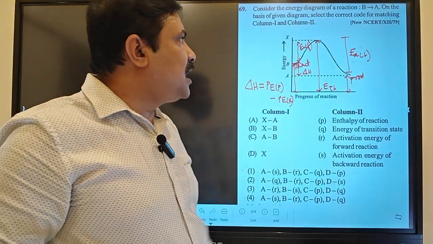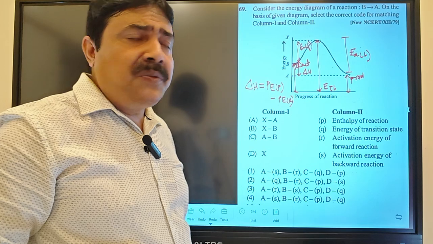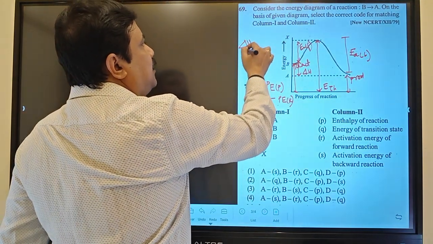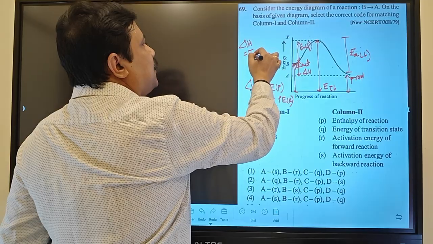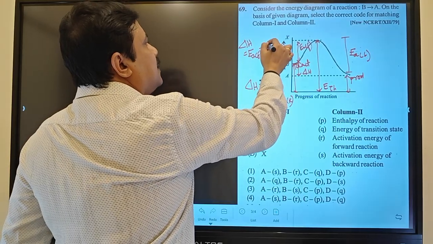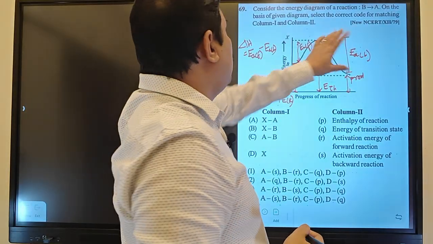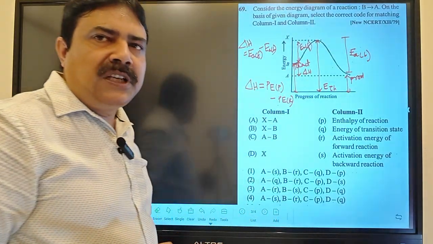So delta H will come negative. That's why it is an exothermic reaction. Or another way to explain: delta H equals activation energy forward minus activation energy backward. Now you look at it: the backward activation energy value is more. That's why in this direction this also will come negative.